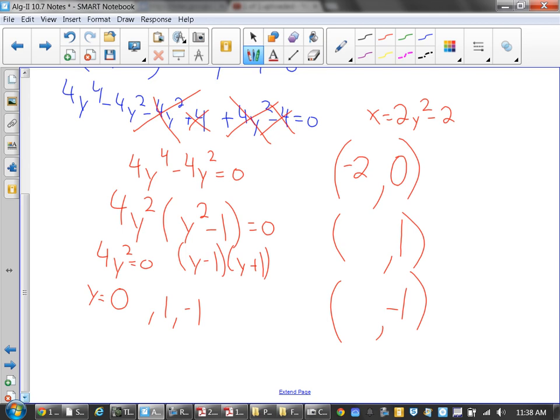What's 2 minus 2? 0. What's negative 1 squared? 1. What's 1 times 2? 2. What's 2 minus 2? 0. What are your answers? So there's x three times. There's no bad, all we're doing is substituting back in.